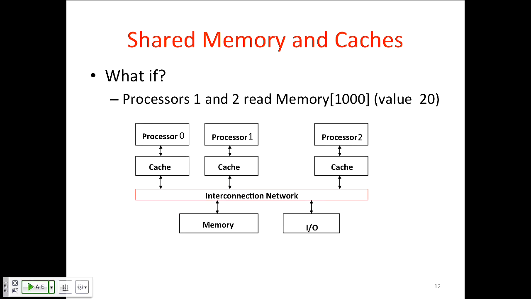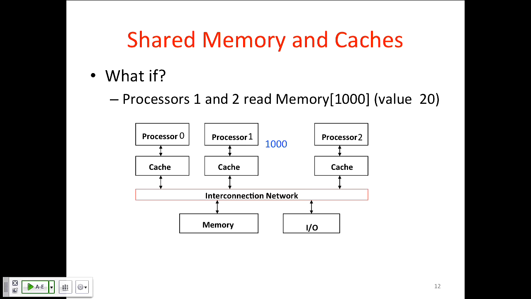So now when you have caches, you're going to hit this problem of keeping those copies coherent. If each processor has its own cache, remember that a cache keeps a copy of what's in main memory. Let's take this example where two processors, 1 and 2, read memory location 1000, and it has the value 20 right now.